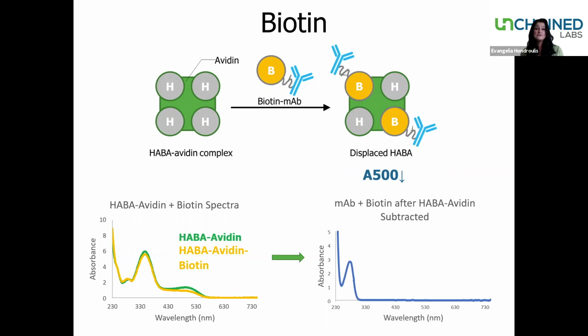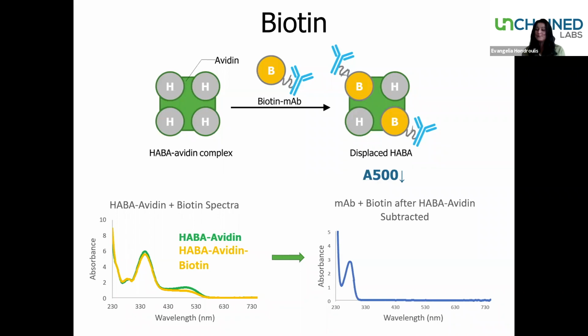We're showing the full spectrum of the HABA-Avidin complex in green on the lower left. The Biotin that has the antibody labeled to it now comes in and replaces that HABA. And once this is done, the absorbance at 500 nanometers decreases. This spectrum is shown here in yellow on the bottom left.